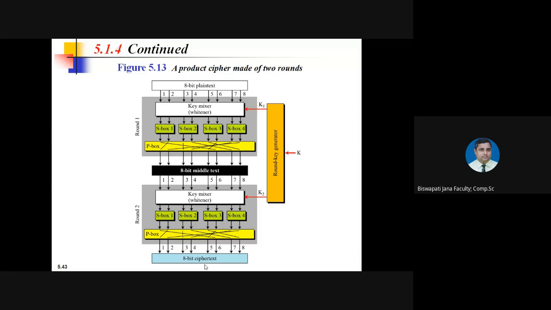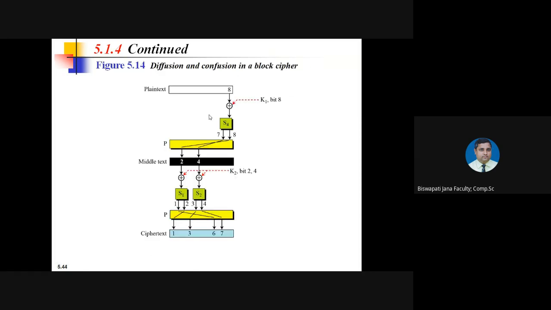That means the confusion has increased. So in this way, we can use the product cipher with different rounds, different S-boxes, P-boxes and some techniques by which the data is encrypted. And obviously, from the sender end to the receiver end, it can be easily decrypted.